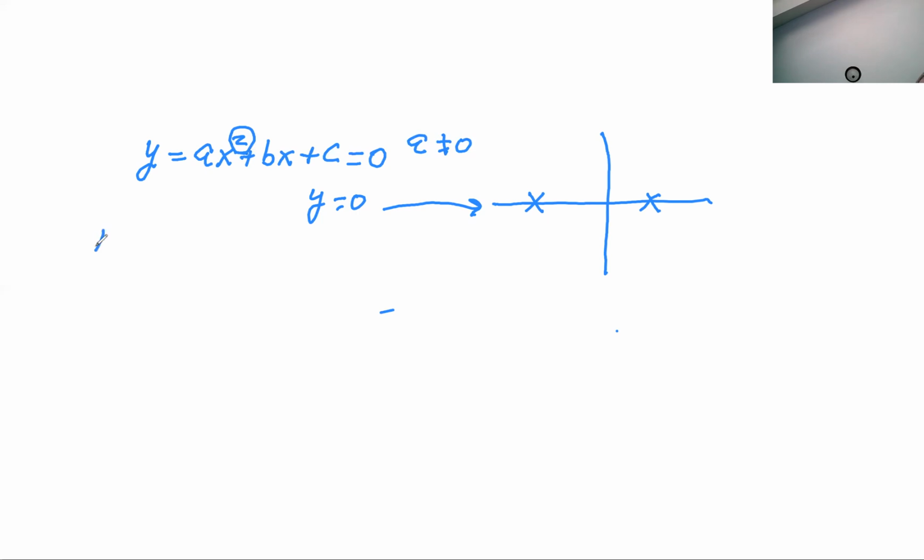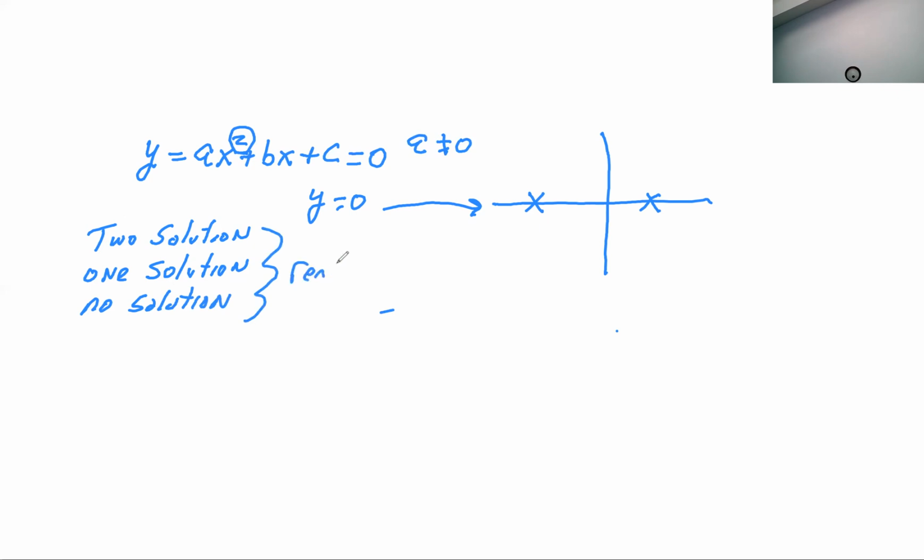There could be 2 solutions, and that would be the most. There could be 1 solution, or no solutions. And what we mean by the solutions now is these are going to be real numbers. We're going to talk about complex numbers a little bit today and in much more detail next week when we get into the next section about complex numbers.